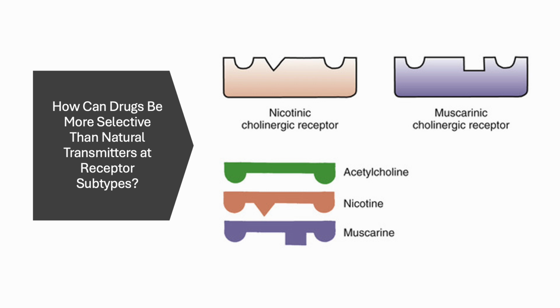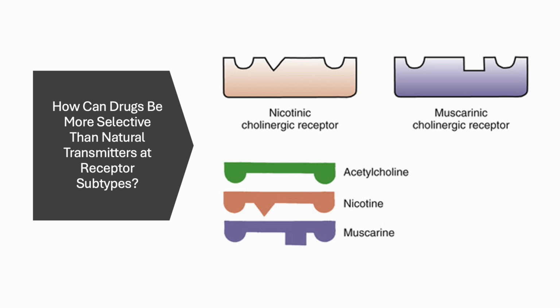However, when pharmaceutical companies or chemists make new drugs, they can make them more specific to the receptor site. For the drug nicotine, you see the two semicircle shapes plus the triangular shape that fits specifically into the nicotinic cholinergic receptor, but not into the muscarinic cholinergic receptor.